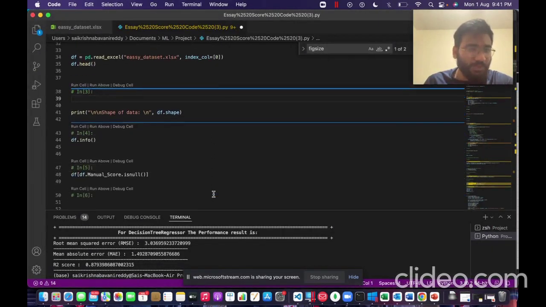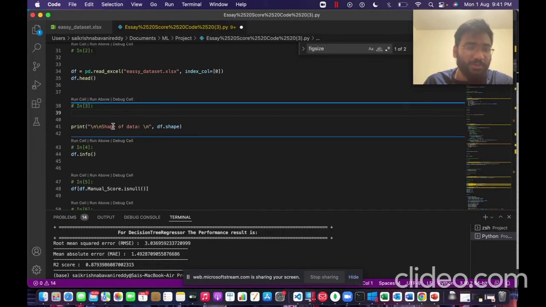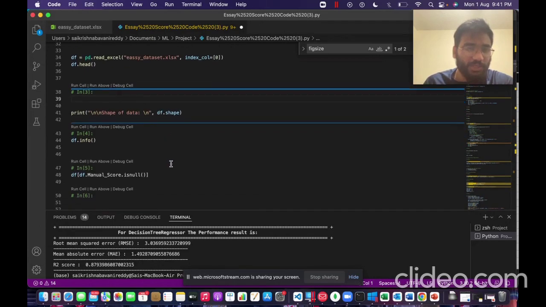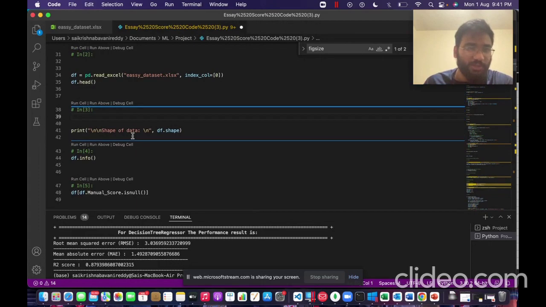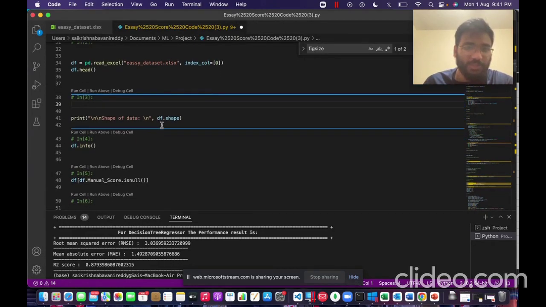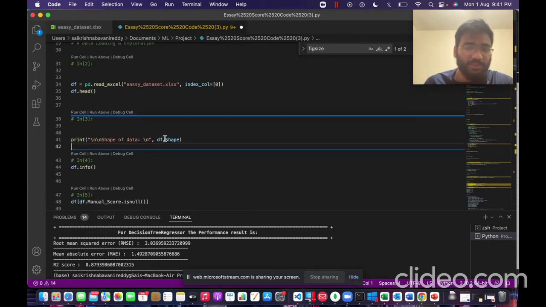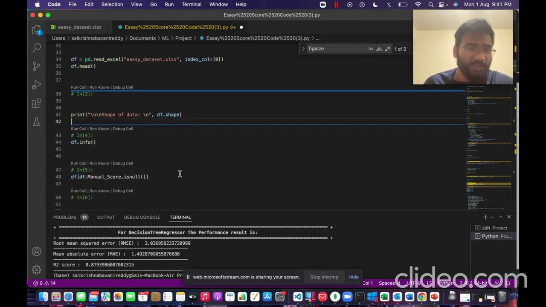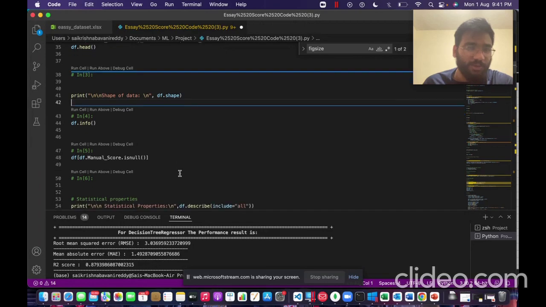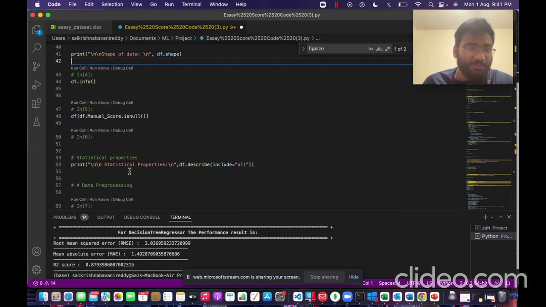So here I have tried to display the shape of the data. I'll show this when I execute my code. The shape shows the number of rows and columns, and also the data types of the columns.